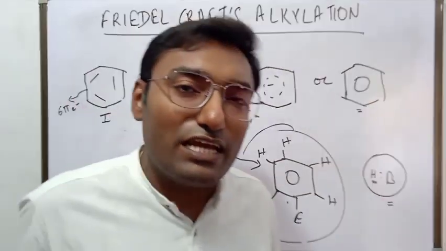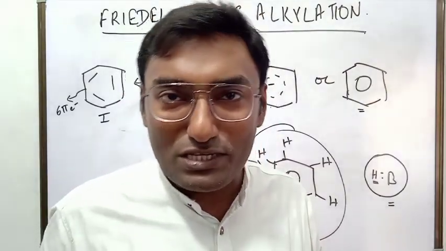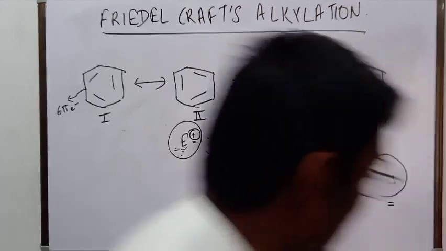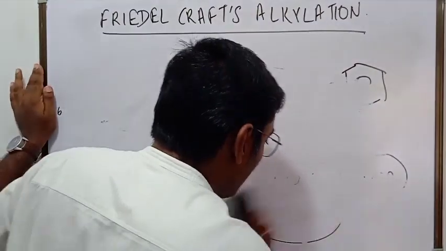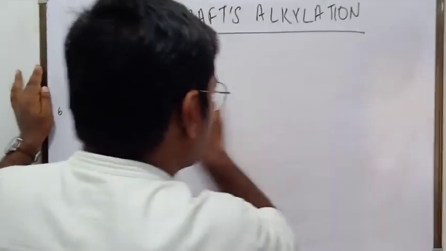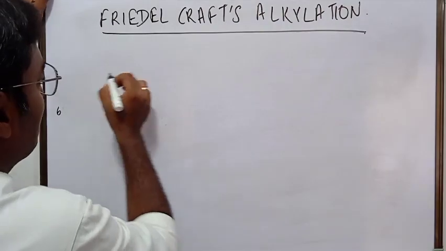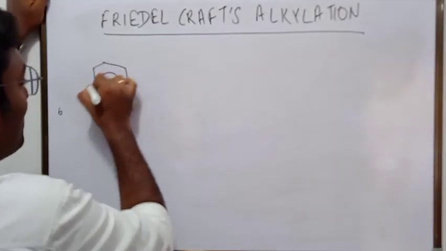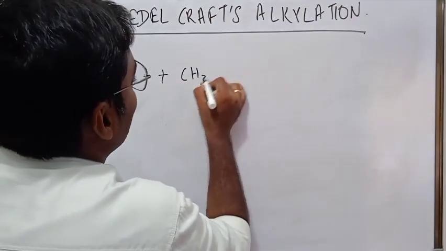Friedel-Crafts alkylation reaction is an example of electrophilic aromatic substitution reaction, as already discussed. So let us see what the electrophile is. In Friedel-Crafts alkylation reaction there is a benzene ring, of course, but the electrophile here is CH3 plus.